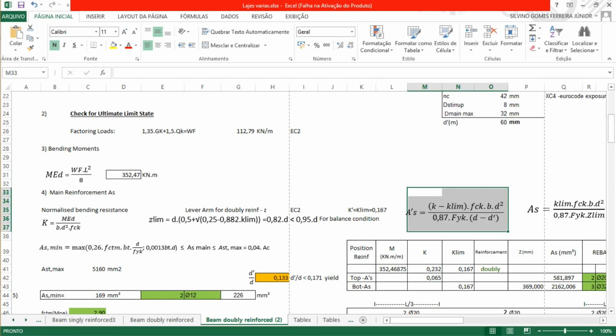This gives us 581 square millimeters for rebars on the top.